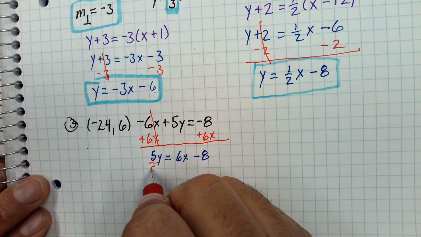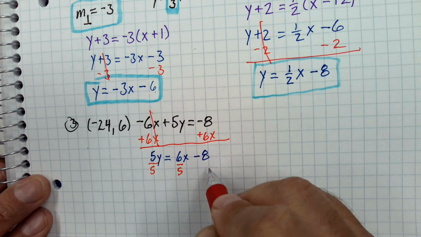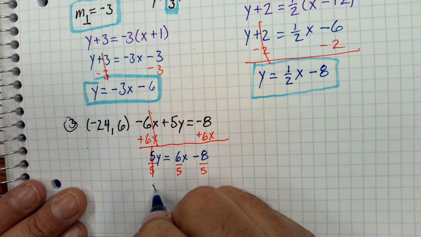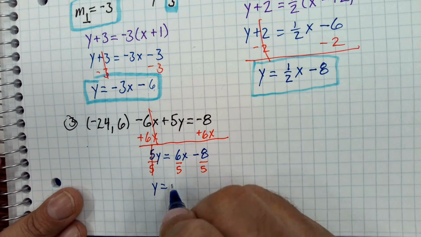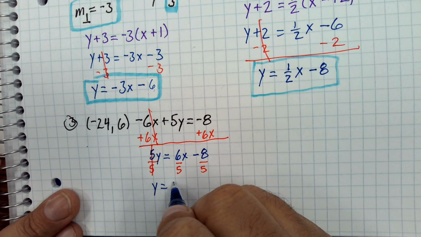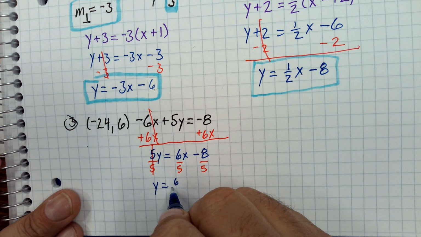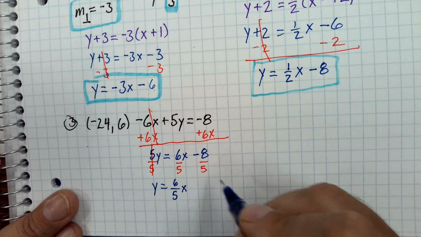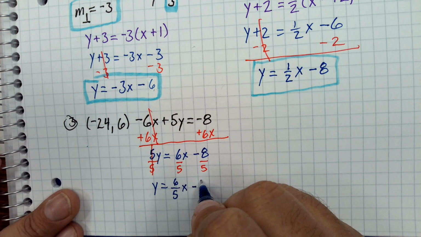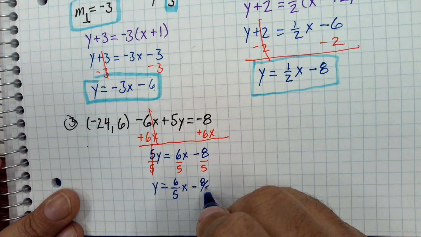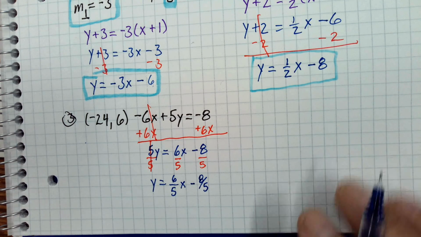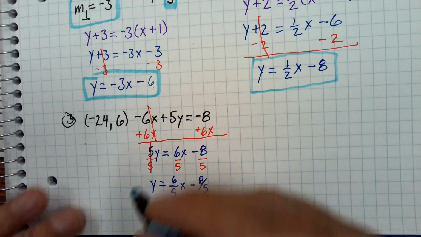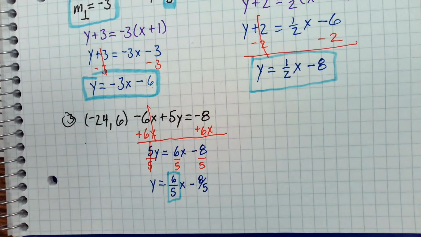And let's figure out this part by dividing. We're going to get 6/5 x. 5 doesn't go into 8, so I'm just going to write this as -8/5. Are we worried about that? Not really, because are we even going to do anything with -8/5? No. What we care about is +6/5.